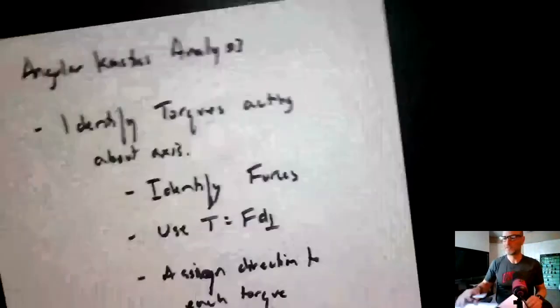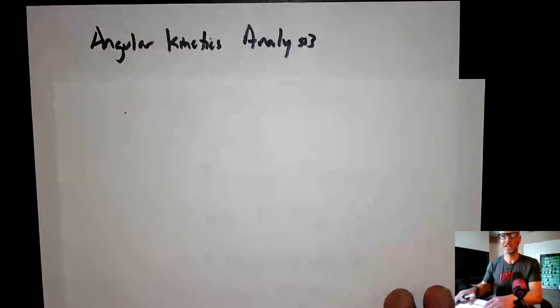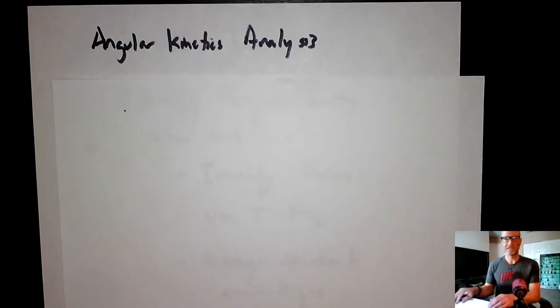Okay, one more thing we want to do in this video is go through the steps to do an angular kinetic analysis. So now that we have this equation, sum of torque equals I alpha, how do we use that? And when do we use T equals F d perpendicular? I'll just break this down into a step-by-step process.